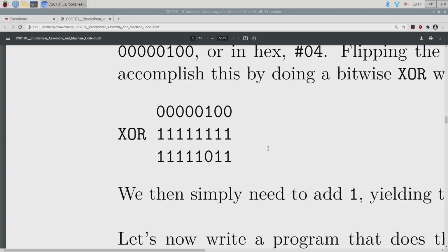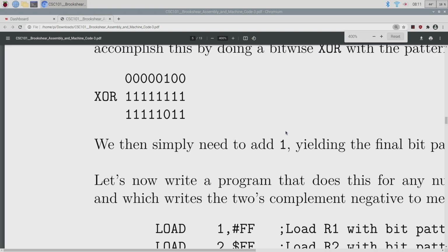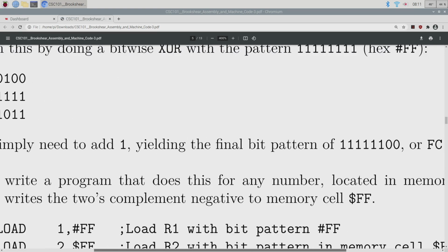So I'd get 6 ones followed by 2 zeros, yielding the final pattern. Okay, so that's the trick for how you negate a number.